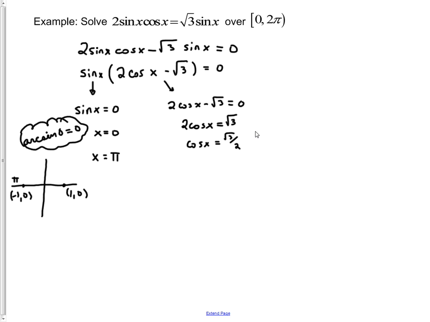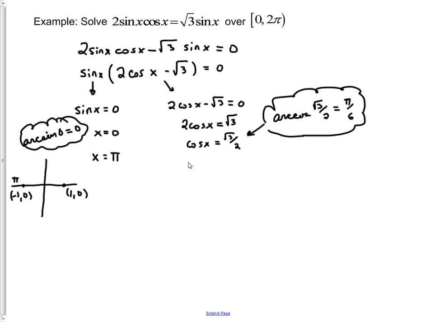Now, this is a first quadrant angle. I know that if I were to take the arc cosine, or the inverse cosine, of radical 3 over 2, it's going to be the value associated with the angle pi over 6. So recognizing that pi over 6 is a first quadrant angle, our quadrant 1 position for which this is true is the angle pi over 6.